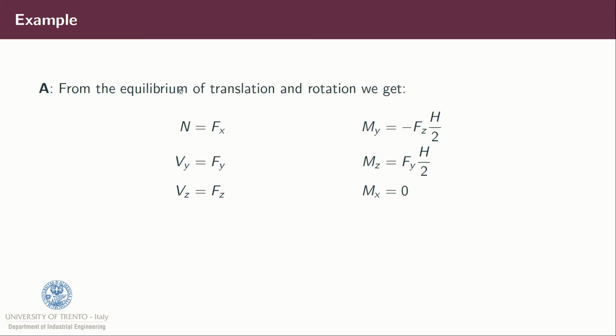It's easy to find out that N is equal to Fx, Vy is equal to Fy, and Vz is equal to Fz. And the moments are: My is equal to minus Fz times h over 2, and Mz is equal to Fy times h over 2. And Mx is equal to 0 because there is no torque in this case.